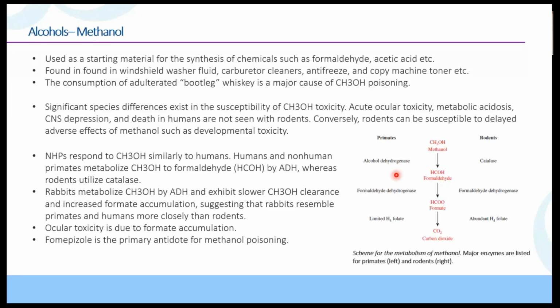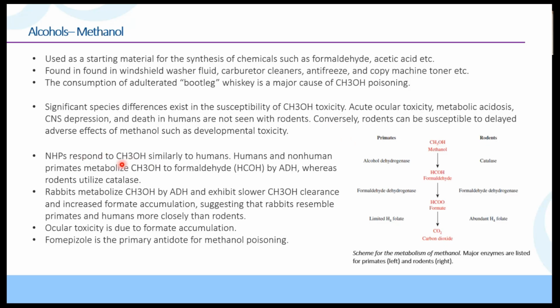The enzymes involved are different in rodents and primates, and the same enzymes as in primates are present in humans also. Similarly, for the next step, the enzyme is similar, but moving on from formate to carbon dioxide, the amounts of enzyme present are different. So this is a typical example of species differences in the metabolism of a particular chemical.